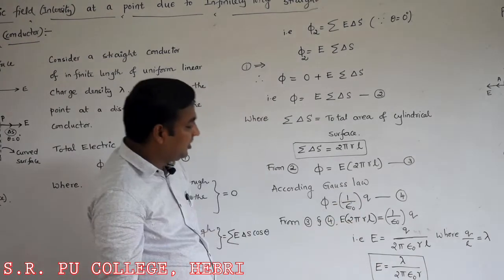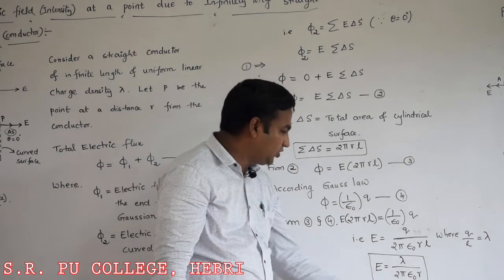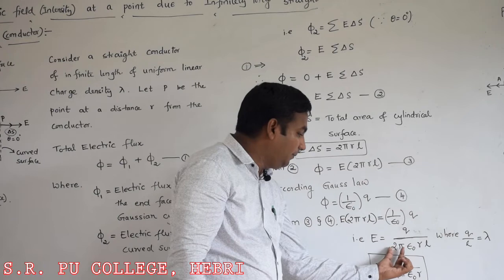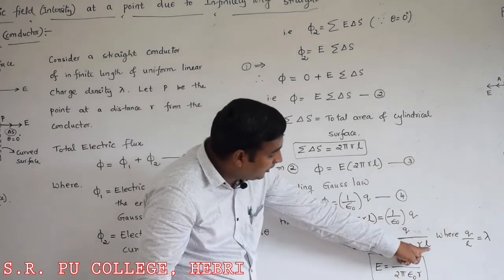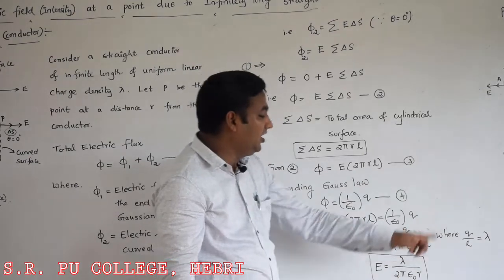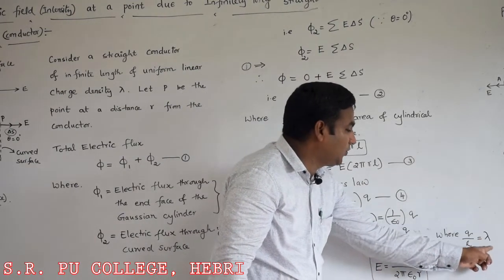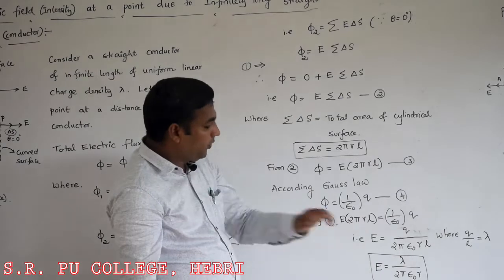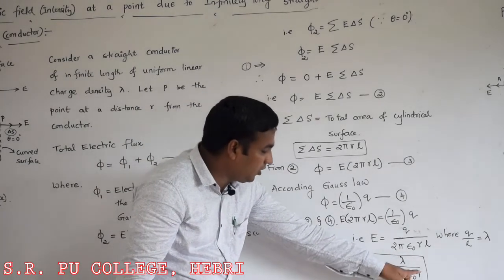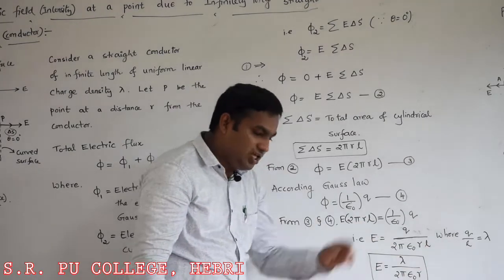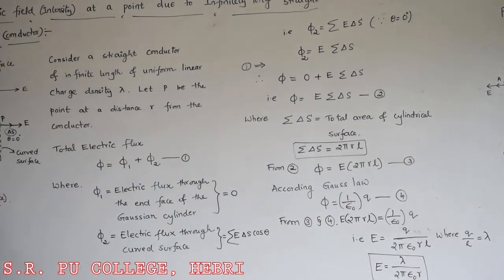On rearranging the equation we get E is equal to Q divided by 2 pi epsilon naught into R into L, where Q divided by L is called the linear charge density, denoted by the letter lambda. Therefore the equation becomes E is equal to lambda divided by 2 pi epsilon naught into R. Here L is the length of the cylindrical surface.